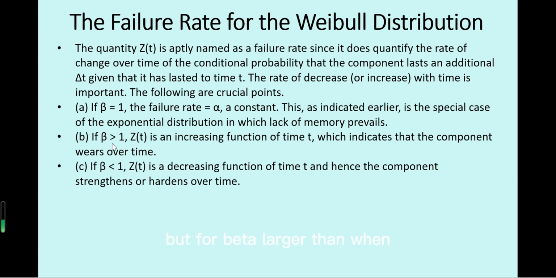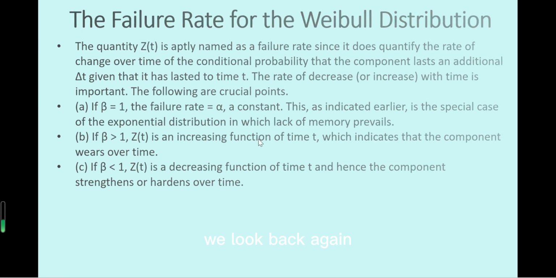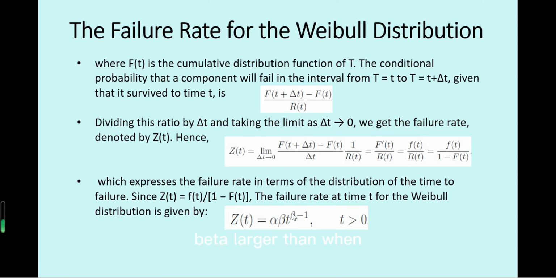But for beta larger than 1 in the Weibull distribution, C(t) is an increasing function of time t, which indicates that the component wears over time. If we look back again, beta larger than 1, so this term is not constant, right?